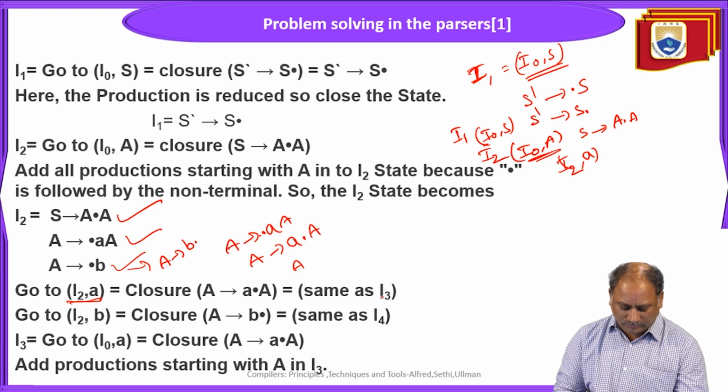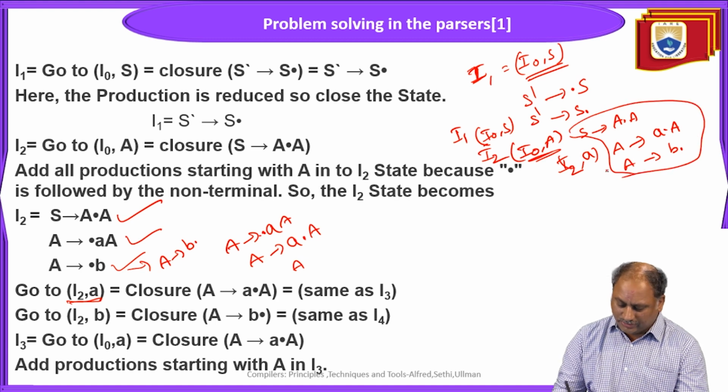So here I2 with small a, small b. This is I2. Once again we perform I2 with A derives A dot capital A, A derives B dot. So these are the three productions which we reached for this case of I2. That is I2 with A, I2 comma B, and I1 with A. Now I3, once again we perform with I3.